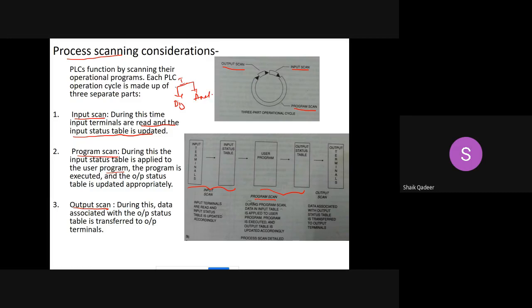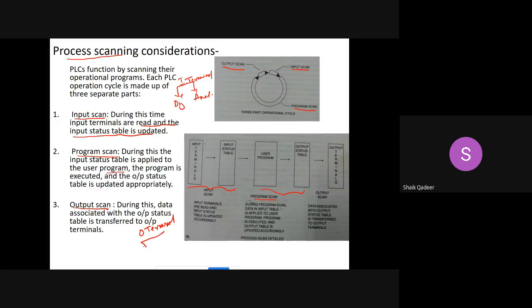After reading from them, this status is moved into a software table called the input status table, which is applied to the program in the program scan cycle, and that program is executed accordingly and updates a table called the output status table. In the last scan, the software-generated result is moved to the output terminals.